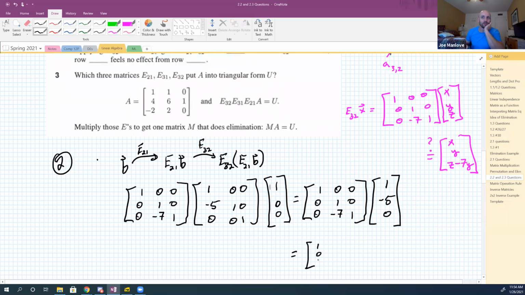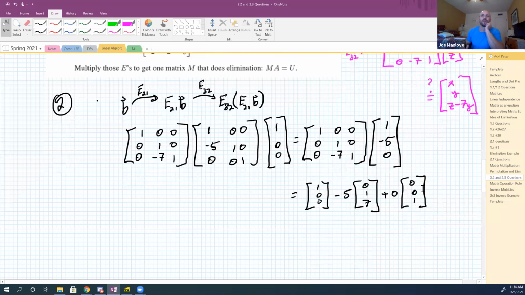So I'm going to get the vector 1, 0, 0, minus 5 times that second column, plus 0 times the third column. And so out of that, I'm going to get 1 and negative 5 and, oops, that was supposed to be negative, positive 35.